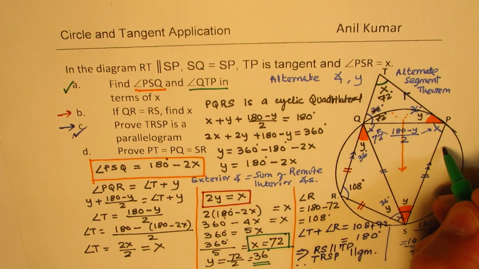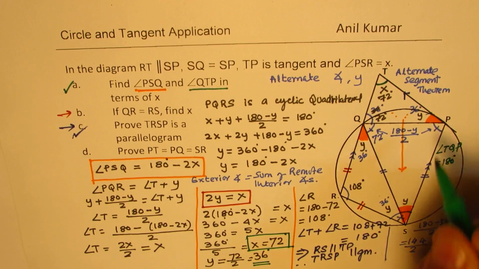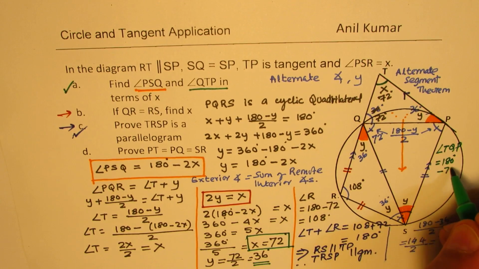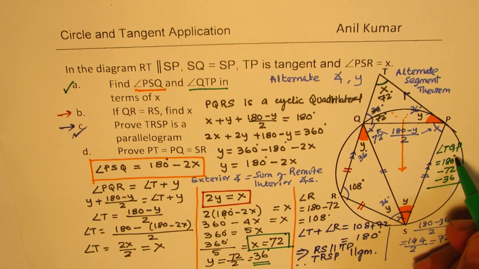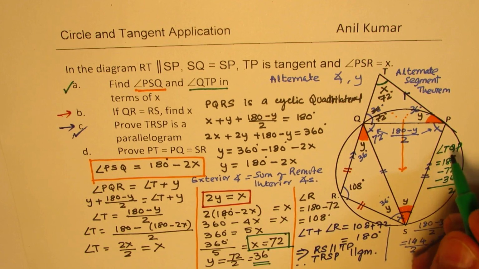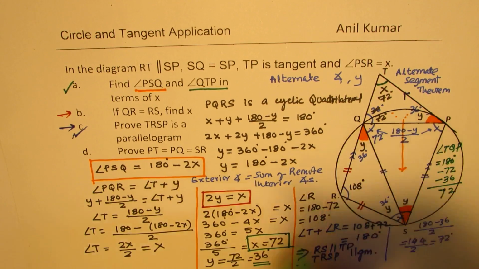So this angle TQP is equal to 180 degrees, take away 72, take away 36. So when you do this, 8 when you take away you get 2, and then you get this 10, you take away from 17, you get 7, right? So you get 72 degrees.